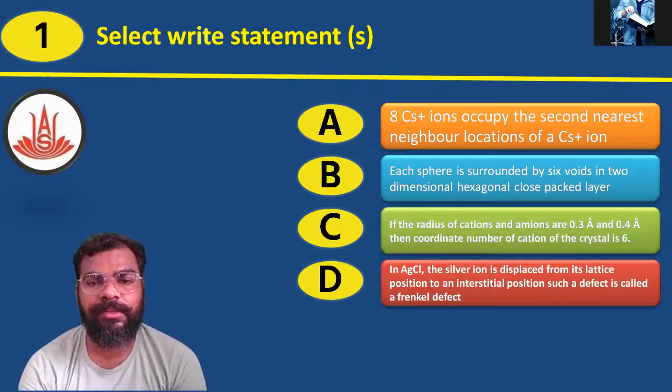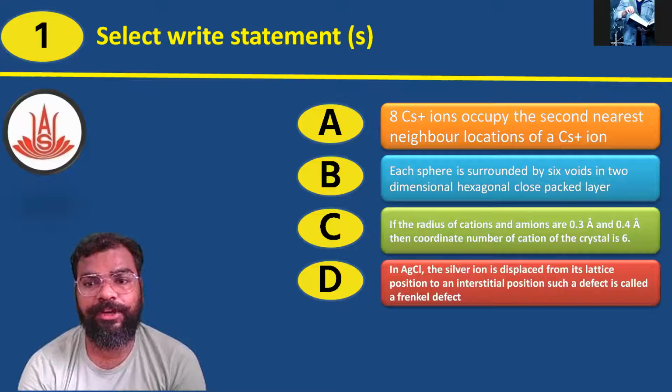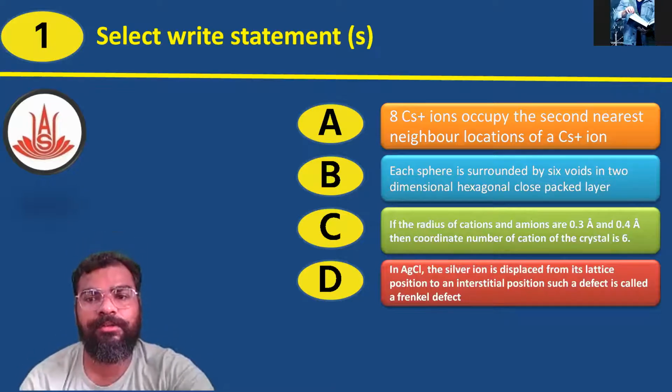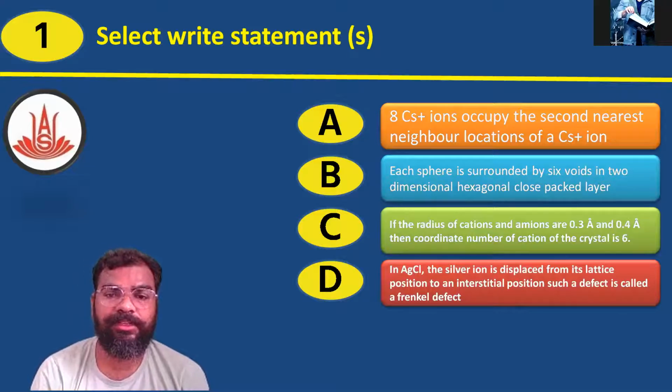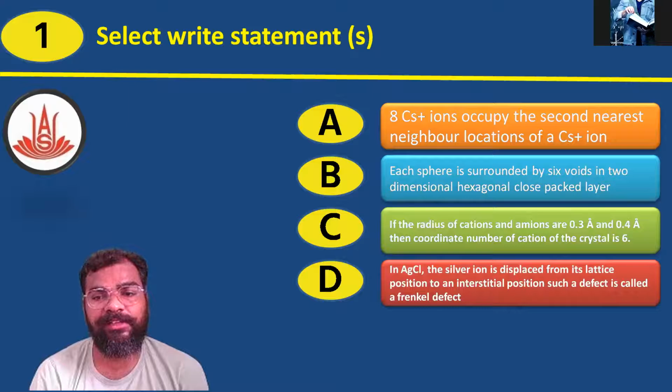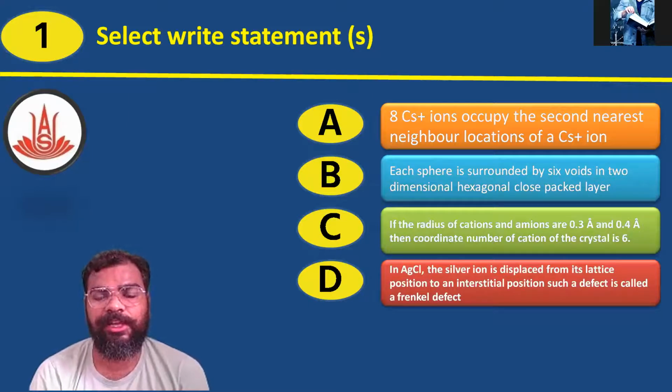Option B: each sphere is surrounded by 6 voids in a two-dimensional hexagonal close-packed layer. Option C: if the radii of the cations and anions are 0.3 angstrom and 0.4 angstrom, then the coordination number of the cation of the crystal is 6.